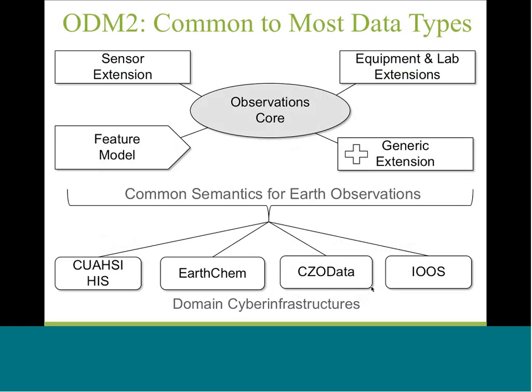We decided to call it Observations Data Model version 2, but not because it was going to be really an obvious next step for CUAHSI. It was really going to take a much bigger leap than that and try to work across the board, not only for data that's stored in CUAHSI, but EarthChem, CZOData, and even data from the Integrated Ocean Observing System that NOAA is funding, so even oceanographic data.